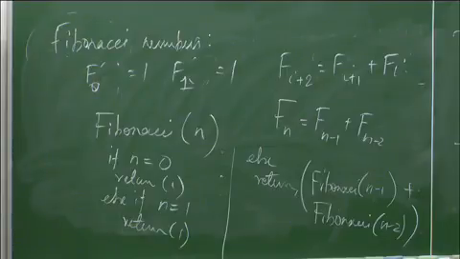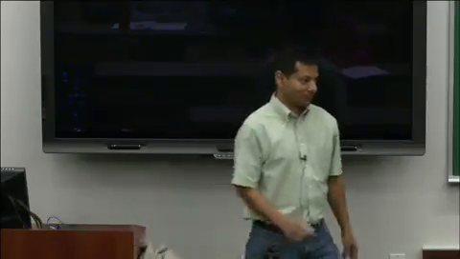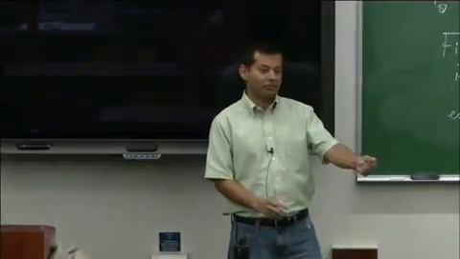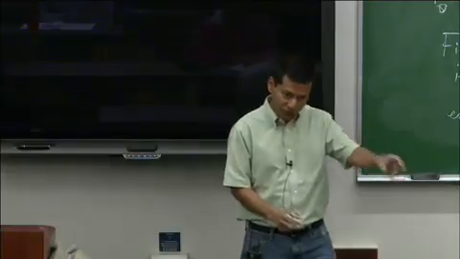So if that is the case, what would be the obvious thing to do? If you know that you are solving the same problem over and over again, what would be the natural thing for you to do to speed things up? Yeah. Store it someplace. As soon as you solve a problem and it's a subproblem, just store it.